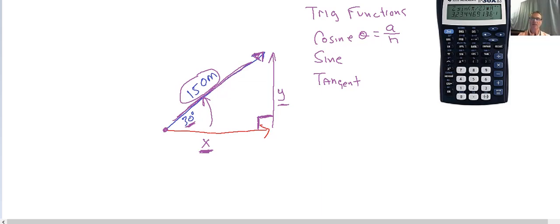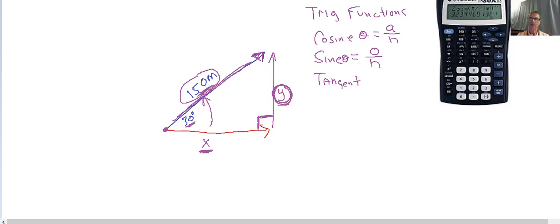The sine function of the angle theta is equal to the opposite side of the triangle divided by the hypotenuse. So in this case, it would be the opposite side y divided by the hypotenuse value over here.